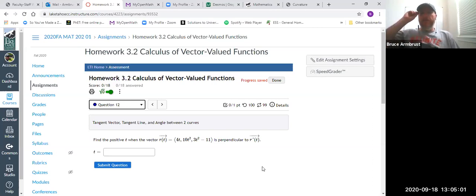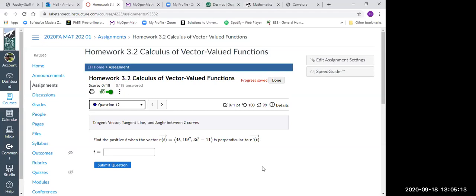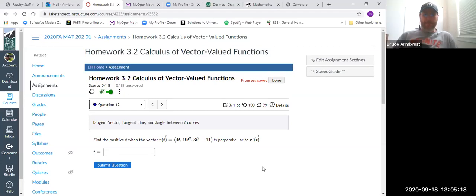All right, so what are we going to do here? What might be some good steps? Find r prime of t. I think that's a great place to start, right? If we're going to see where this is perpendicular to r prime, we probably want to find r prime.